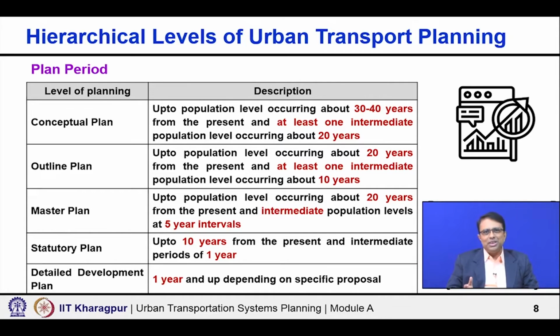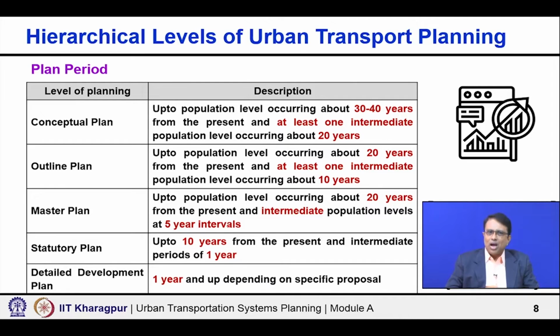Here we consider 20 years and then at least one intermediate population level in about 10 years. Going to the master plan, further narrower. So, here we are considering up to population level occurring up to 20 years from the present and intermediate population level at 5 years interval, smaller time interval.